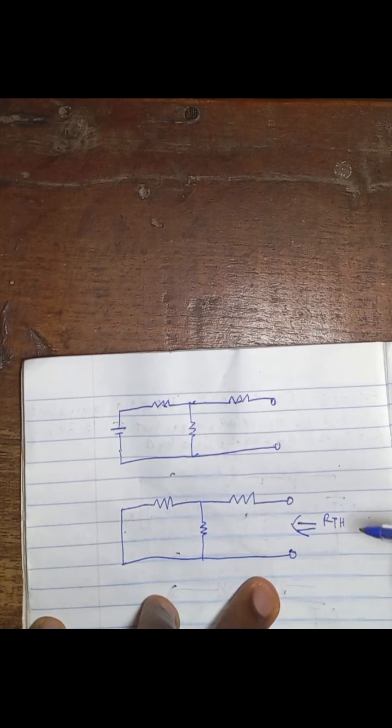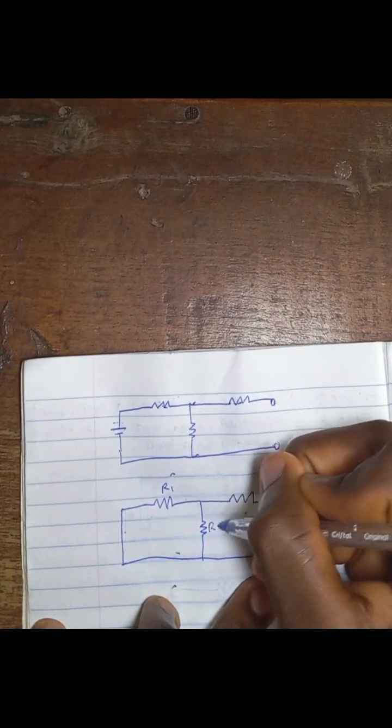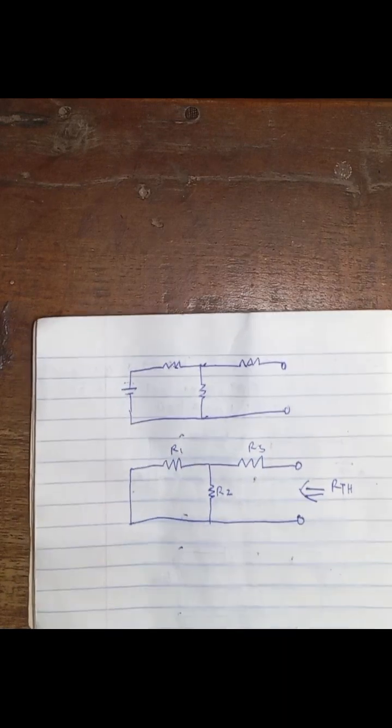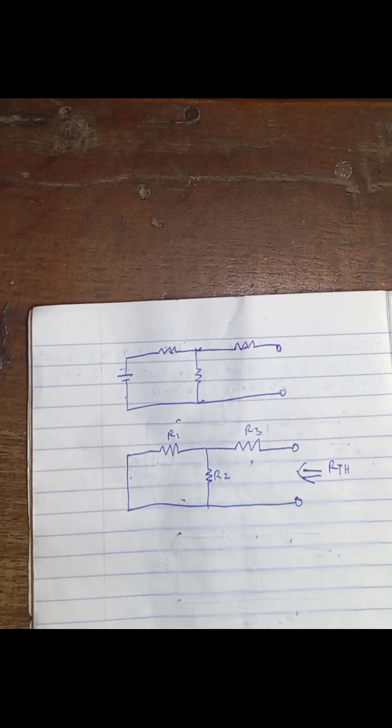Later on, you'll find out how important this is. The resistance is calculated looking back into the network. So we have R1, R2, and R3. So Thevenin resistance is just finding the total resistance. There's something I usually use to determine how to find this equivalent resistance.